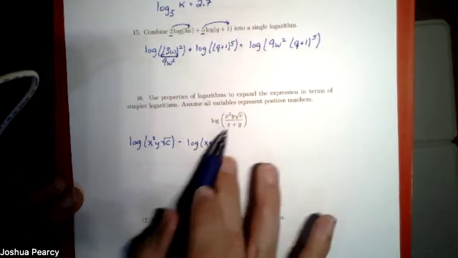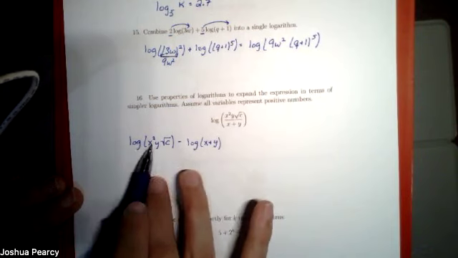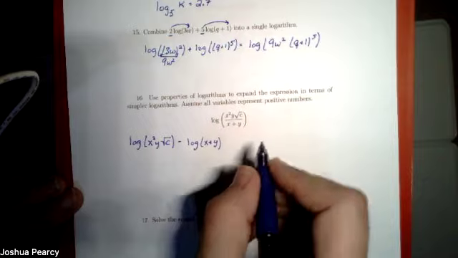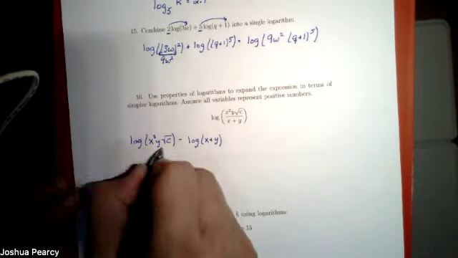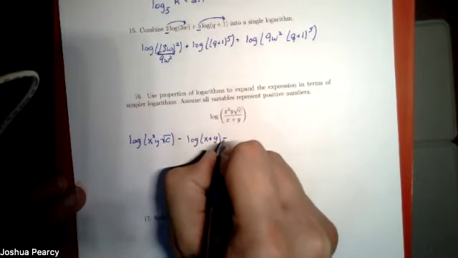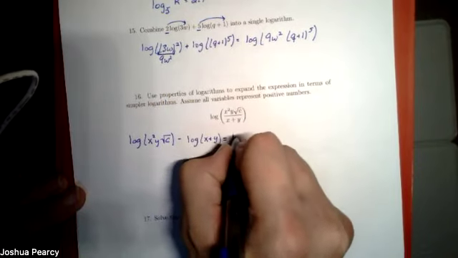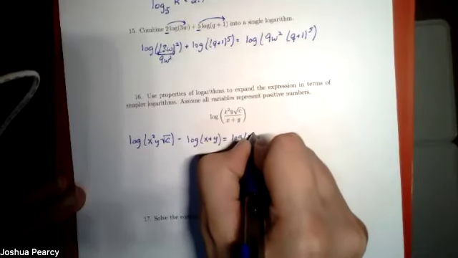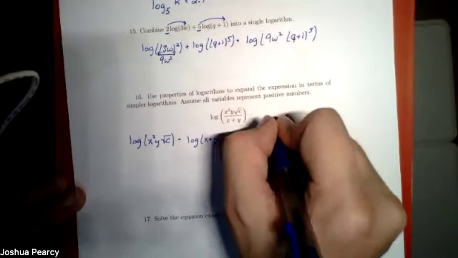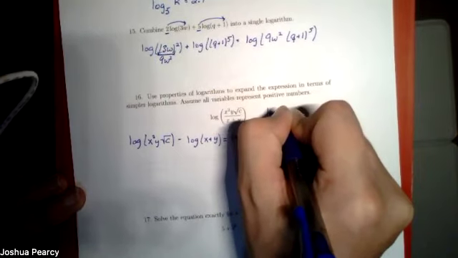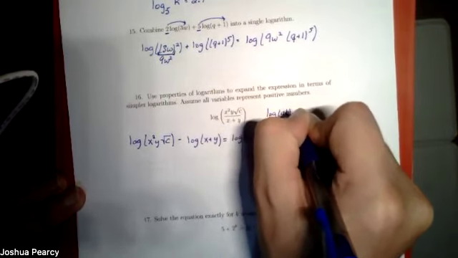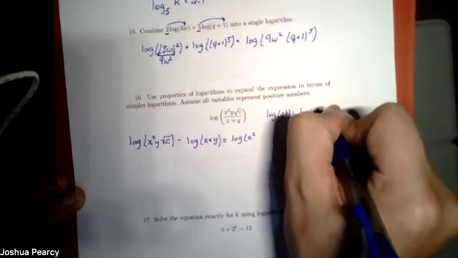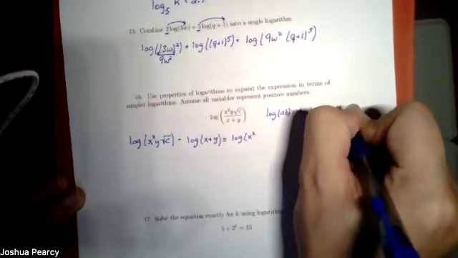We've done the first part where we do the subtraction. Here we're multiplying three things inside this logarithm, so what we can do is expand this portion here. Think of it this way: if I had log of a times b, remember this is log of a plus log of b.